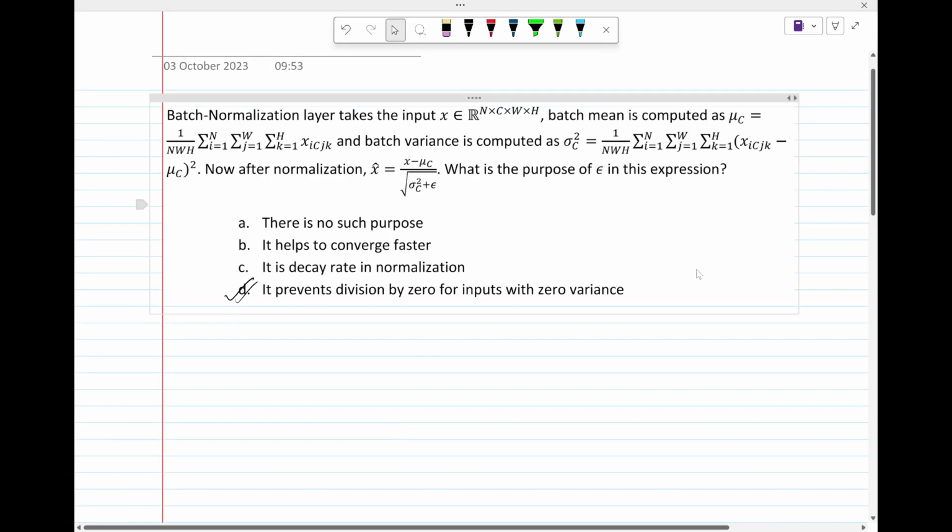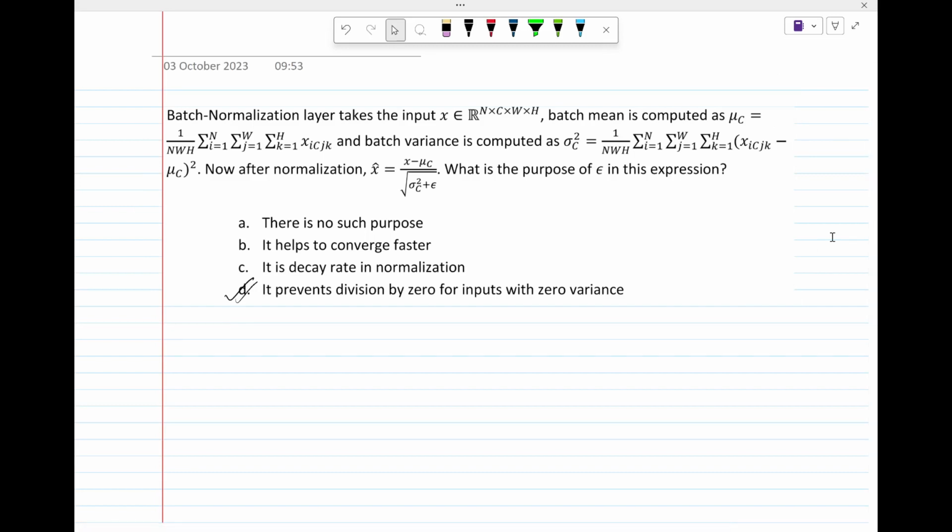In most practical cases, that might not happen. If it is happening, then that data could be improper, or you have redundant features which are really not useful in your training. You might want to get rid of that. But it can happen in some cases where you have images where most of the region is black and there are only some very small regions which are useful to you. So in those cases the variance can be 0.